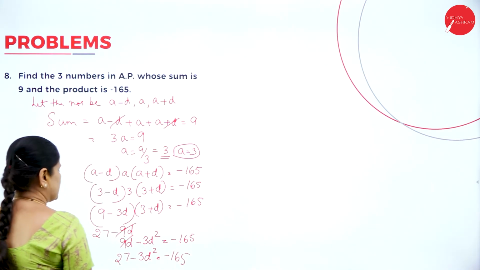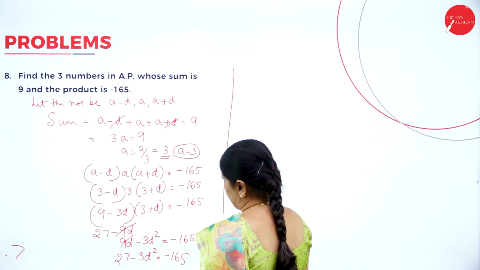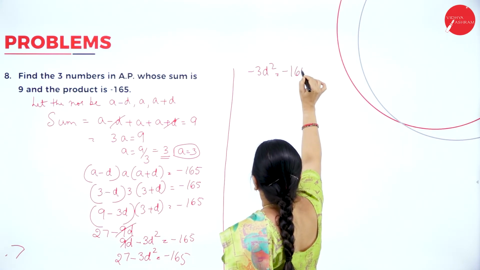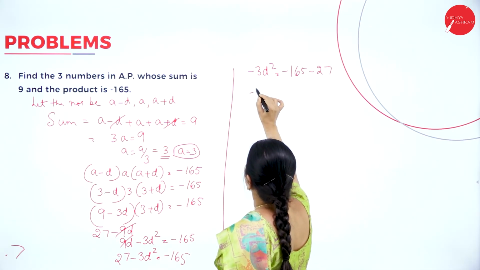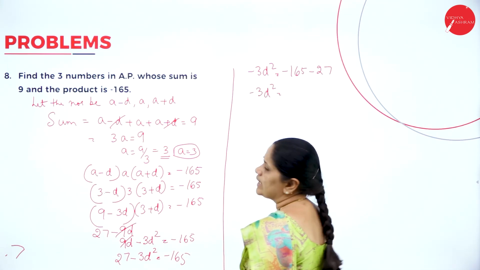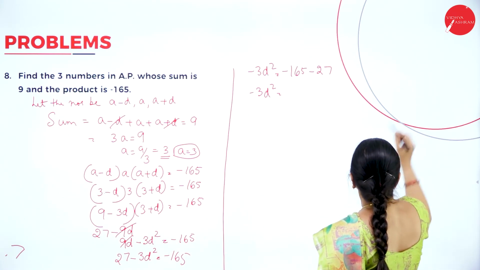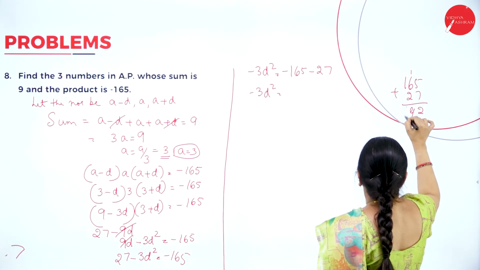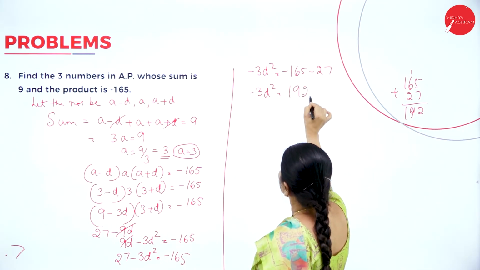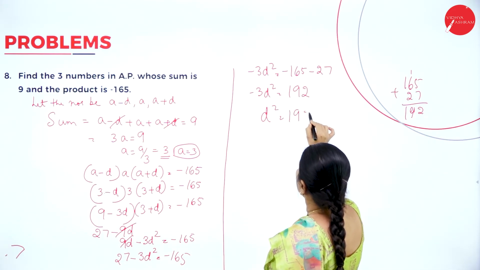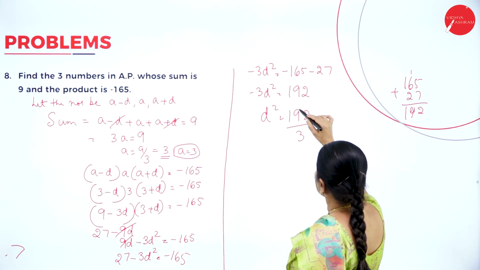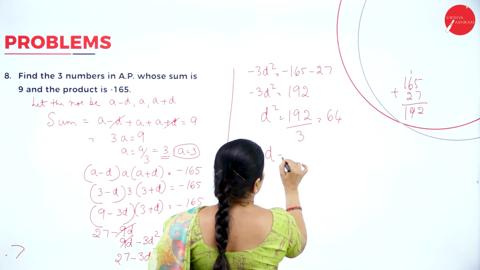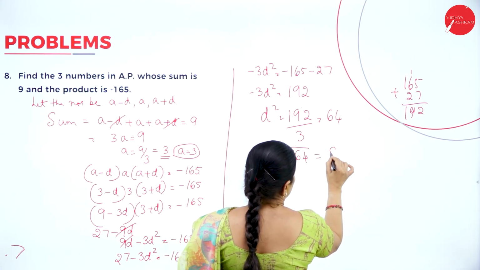So, 9 minus D square equals minus 165. In the next step, I will write minus D square equals minus 165 minus 9, so minus D square equals 165 plus 9, which is 174. Then D square will be 174, and D equals root of 64, that is 8.